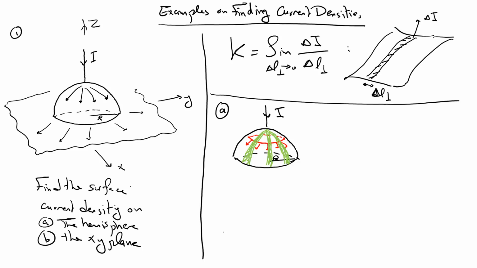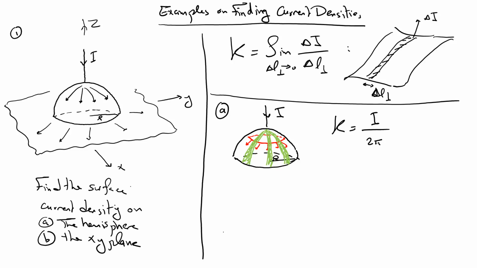Since you have the same K everywhere, you can calculate this by just dividing the total current, which we know is I, by the total distance over which this current is distributed, which is 2 pi d. So what's d? d is the radius of some general ring, because the same current will be distributed over a larger circumference as you go more and more down the surface.